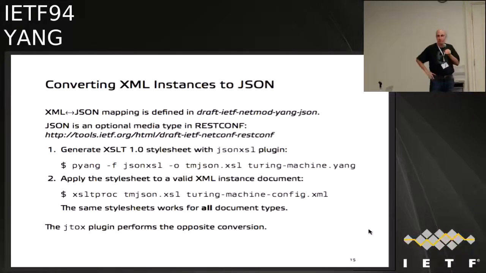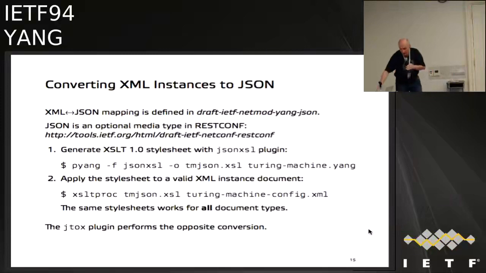But in my experience, it works quite fine and it is doable. So unless we have some JSON schema implemented, which is what Carl wants to do, this is, as far as I know, the only way available in open source tools to validate a JSON document against a YANG data model.